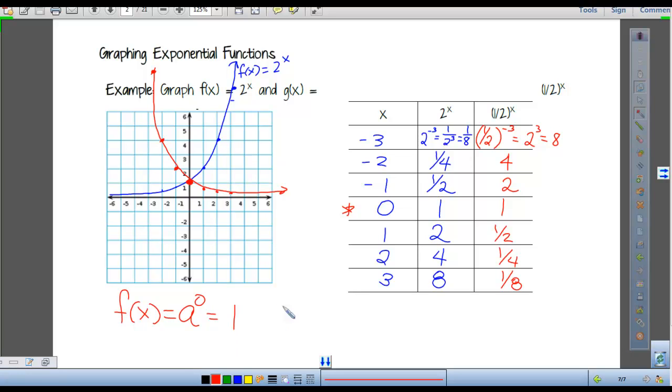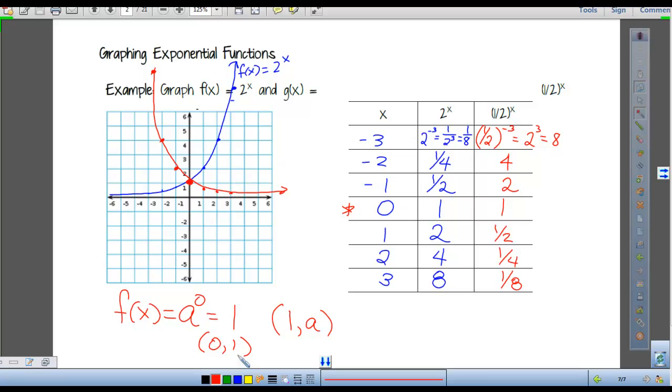So it looks like the point 1, a in general will always be a part of the graph. Does that make sense? Whatever the a is. When the a was 2, then we got 1, 2 as a part of the graph. If we made that a 3, 1, 3 would be a part of our graph. Okay, when we looked at 1/2 to the x, 1, 1/2 was a part of our graph. Okay, and this one we would call 0, 1.